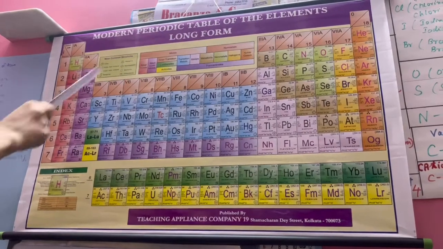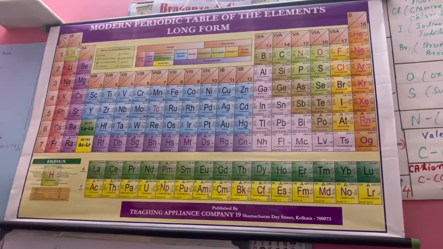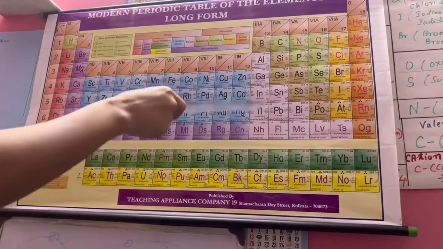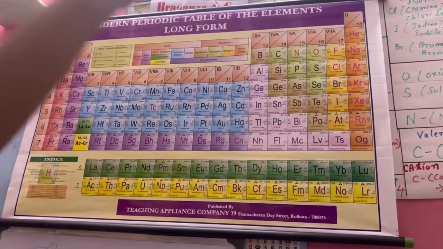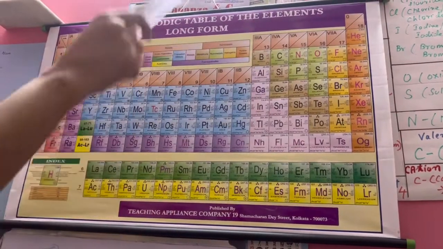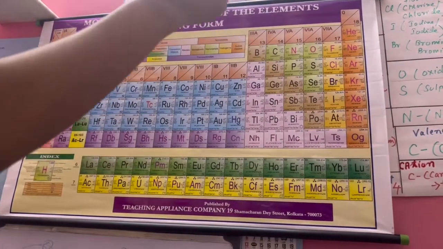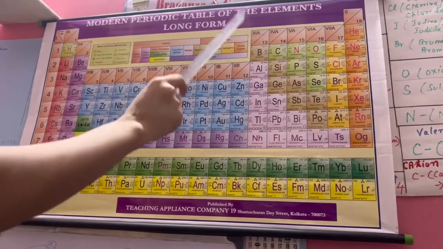Therefore, the valency is 2. Groups 3 to 12 are transition elements, which we will discuss later. Now group 13, they have 3 electrons in their outermost shell. In order to complete their octet rule, they want to lose 3 electrons and therefore the valency is 3. In group 14, they have got 4 electrons in their outermost shell. So they want to either lose 4 electrons or accept 4 electrons. Therefore, the valency is 4.